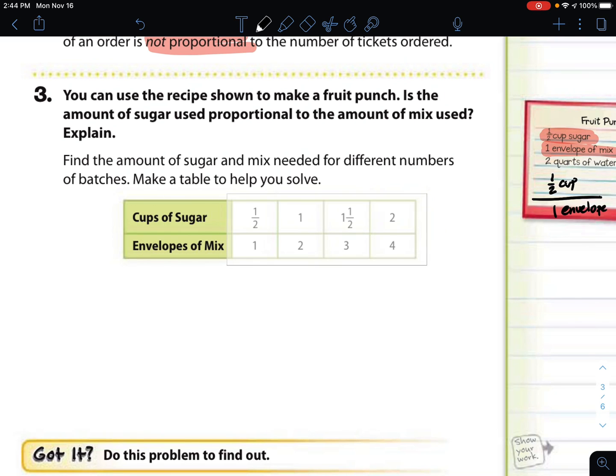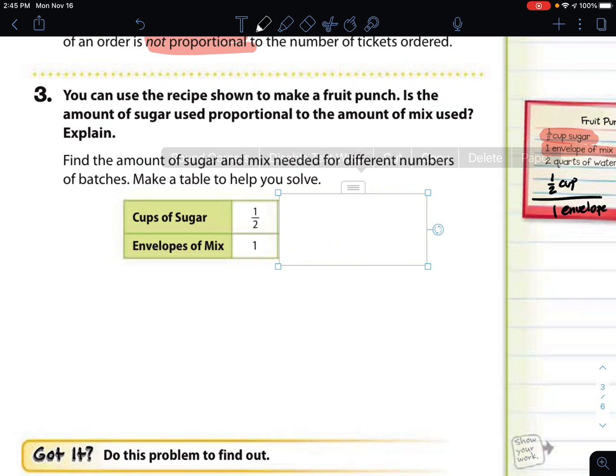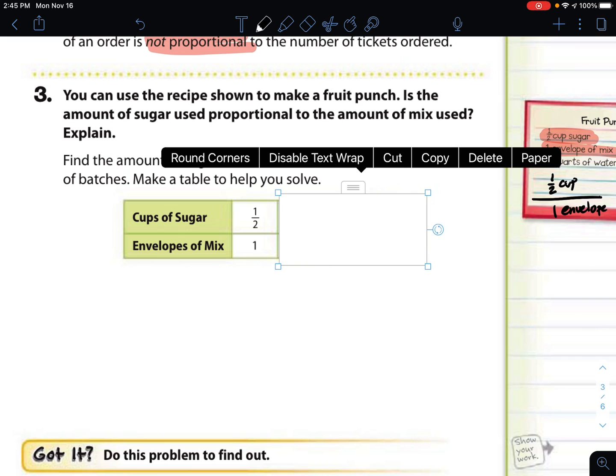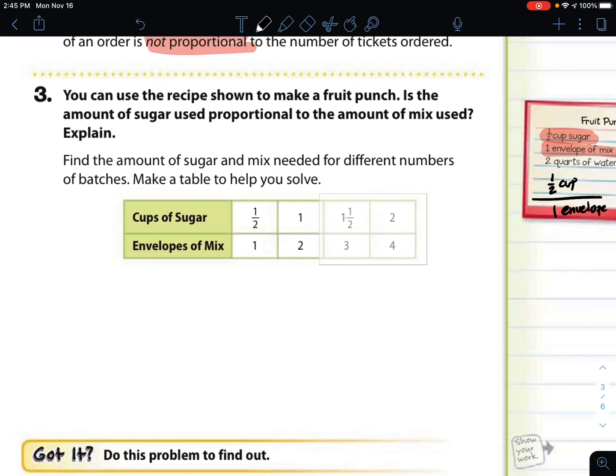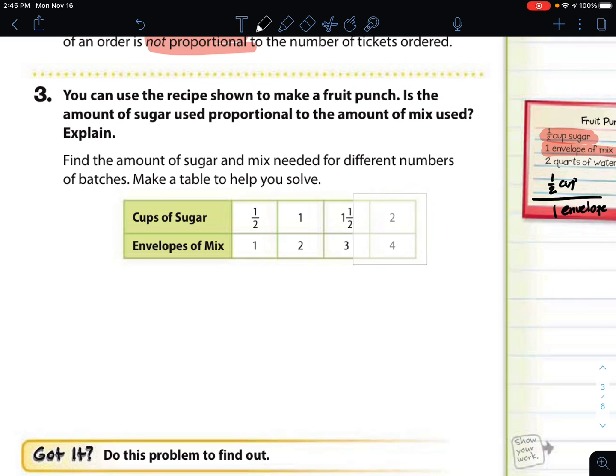We start off with cups of sugar and the number of envelopes of the mix. So we know for a fact for every 1/2 cup of sugar, we have 1 envelope of mix. For every 1 cup of sugar, we have 2 envelopes of mix.